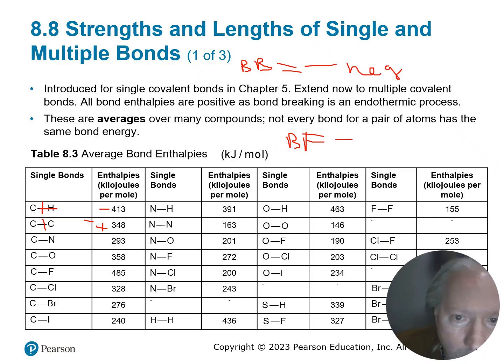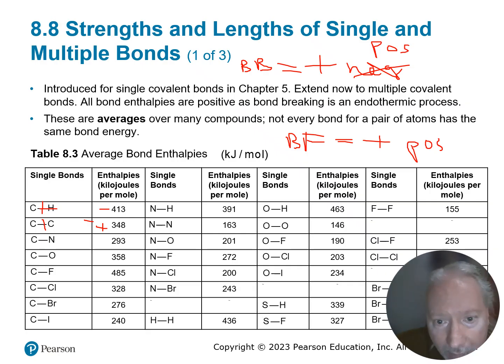And that is always positive. Bond formation is always positive. So if a fluorine bond forms, it's going to be bond breakage. Oh, I've got this wrong. Bond breakage is positive. You have to put in energy to break a bond. And bond formation is negative.